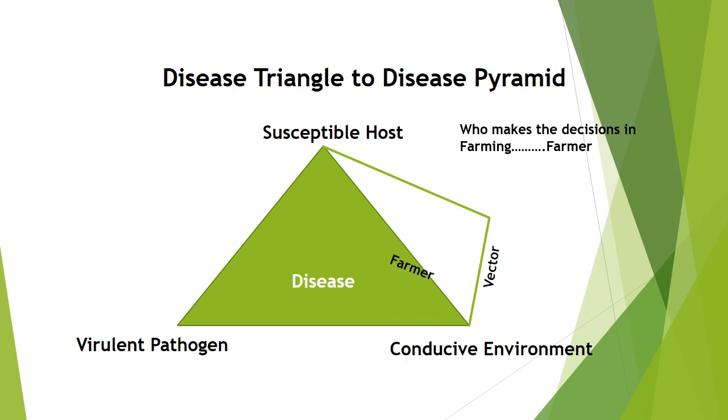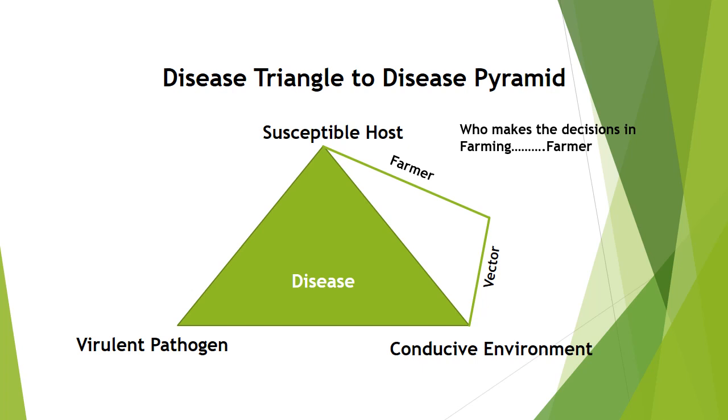So in the disease pyramid, along with the vector, we shouldn't take away the farmer. The farmer must be included in the disease pyramid. Farmer is very important. His decisions actually change the fate of the disease.